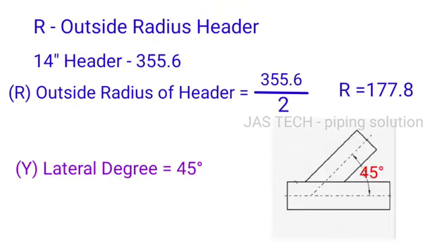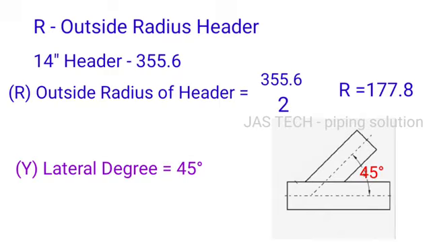As per our formula, R is the outside radius of the header. Our header is 14 inch, so OD is 355.6 mm. Outside radius means half OD, so OD divided by 2: 355.6 divided by 2 equals 177.8 mm.